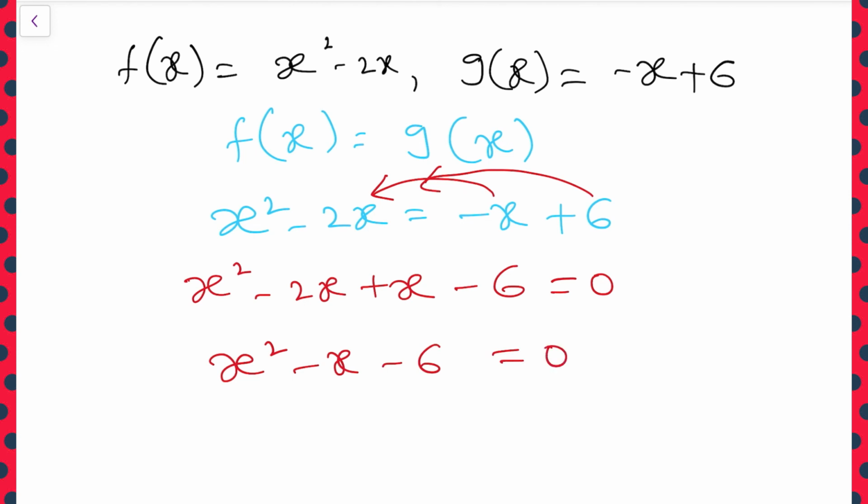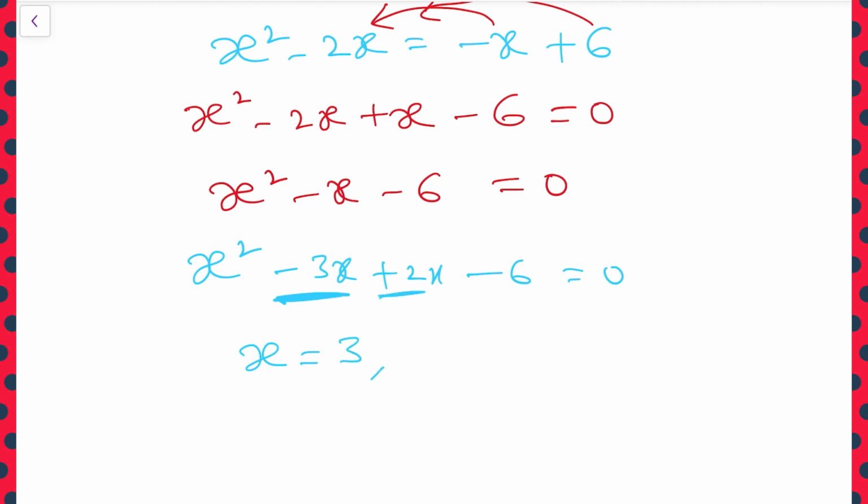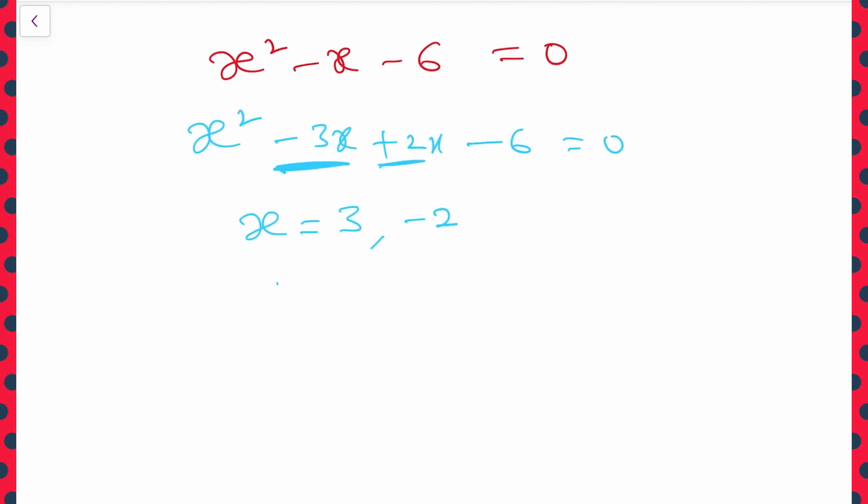By splitting the middle term into two terms, I am going to find the x values. x square minus x can be written as minus 3x plus 2x minus 6 is equal to 0. Here minus 3 is there, so the x value will be plus 3. Here plus 2 is there, so the x value will be minus 2. So it means if the domain is {minus 2, 3}, then the given two functions are equal to each other.